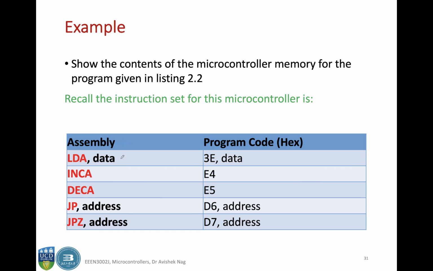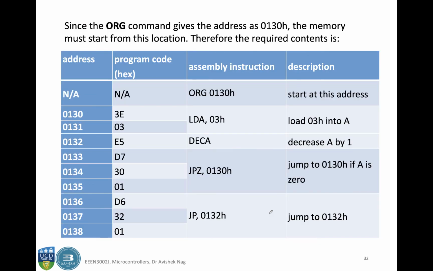And if you recall the instruction set for this example basic microcontroller, for load A you have 3E, and then comes whatever data you are loading, then increment A, decrement A, all of them have some hex equivalent, E4, E6. Then for jump you have D6, and for jump 0 you have D7. So with this I can write this table.